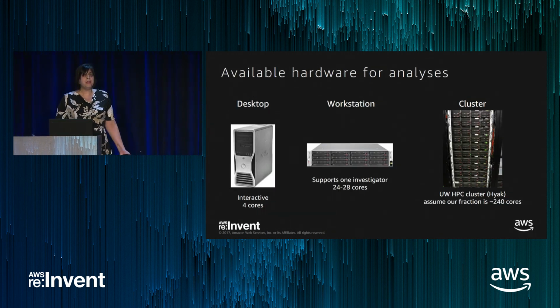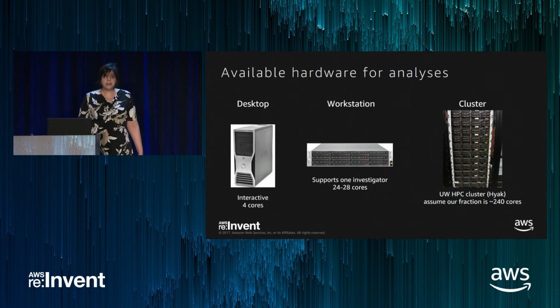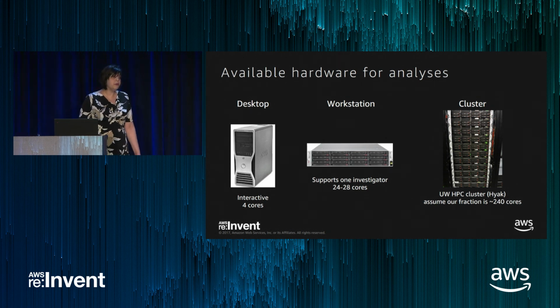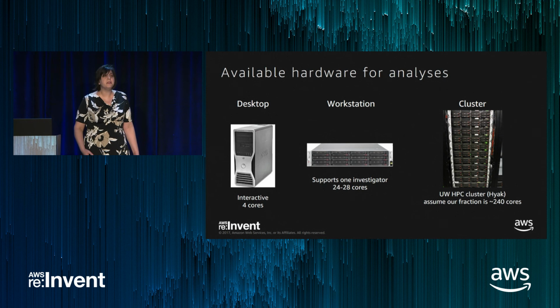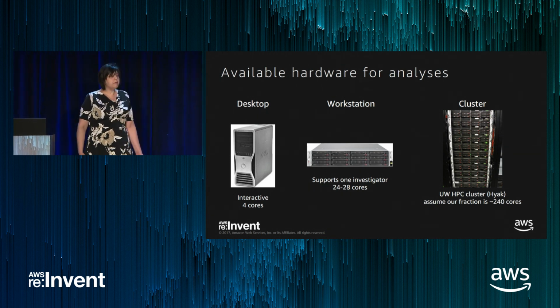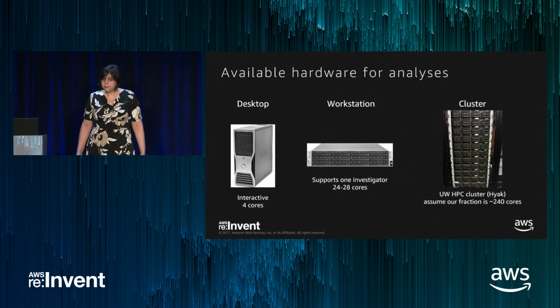Now, this is the reality of the hardware that we have typically to do analyses. We have desktops that have limited numbers of cores, and we use them not for the heavy-duty processing. We use them primarily for visualization of the results, maybe developing and testing pipelines, but primarily interactive use.